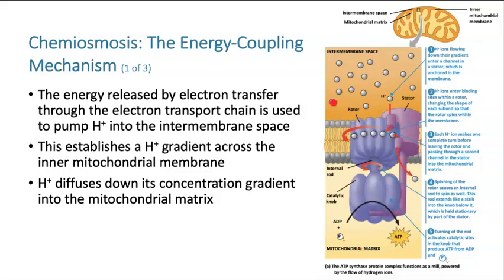We've used energy to do that in the form of transfer of electrons in redox reactions. And it's all pretty complicated. So we've got this gradient, and the protons are going to be allowed to diffuse down their concentration gradient. And when that happens, it releases a lot of energy, and that's what makes the ATP.